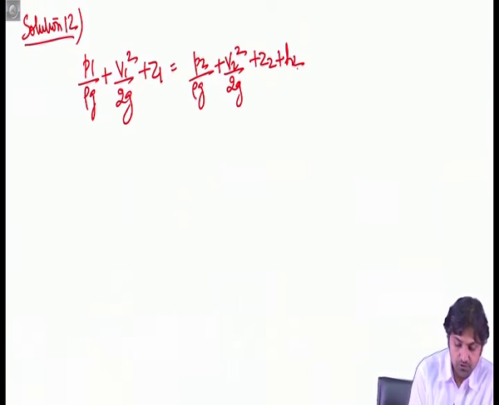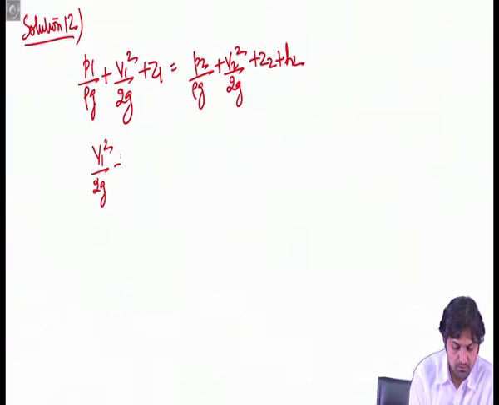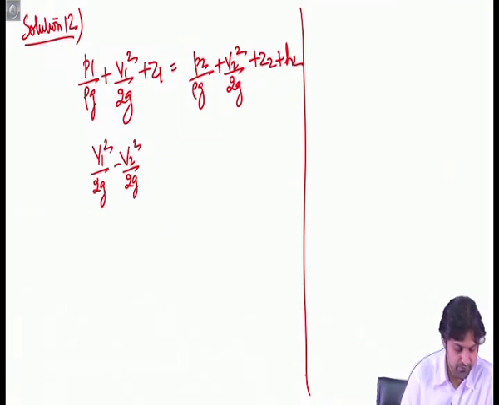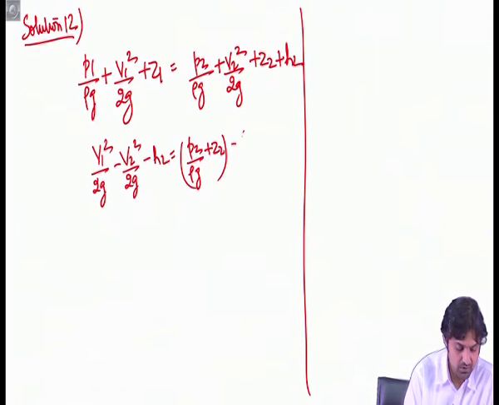Okay. So we take V2 on this side, so we can write V1 square by 2g minus V2 square by 2g minus HL is equal to P2 by rho g plus Z2 minus P1 by rho g plus Z1.